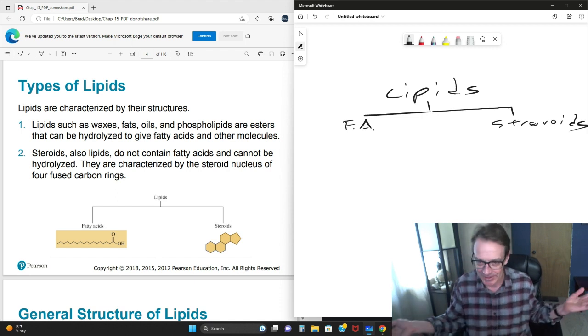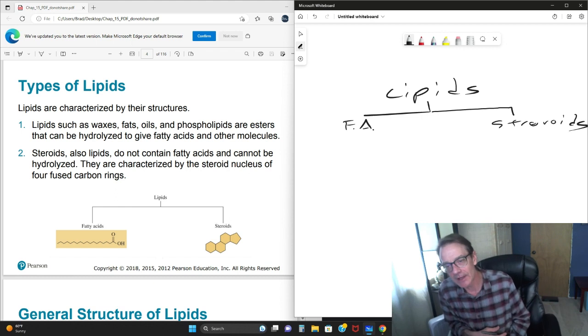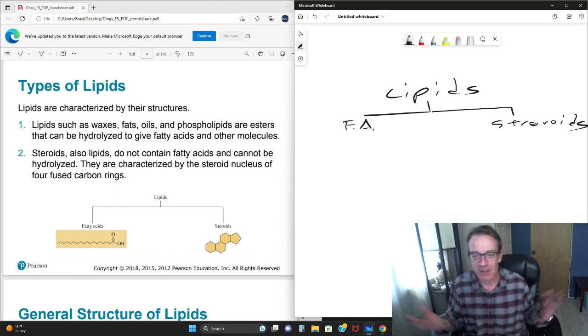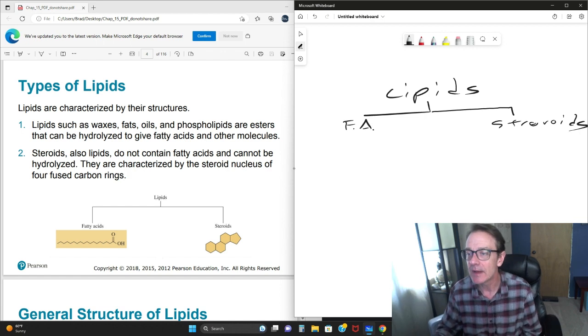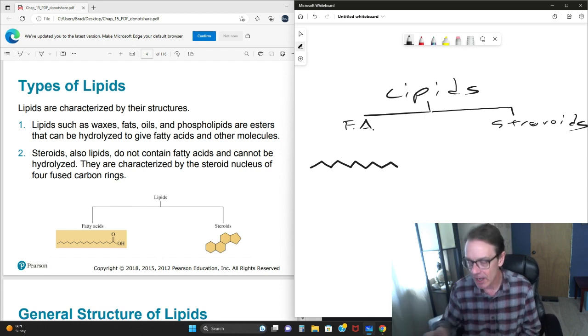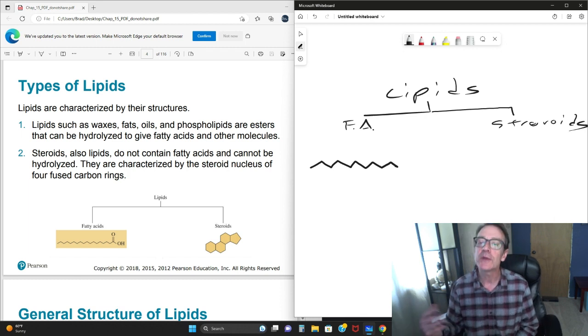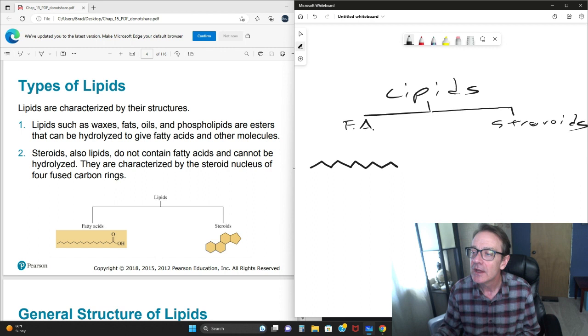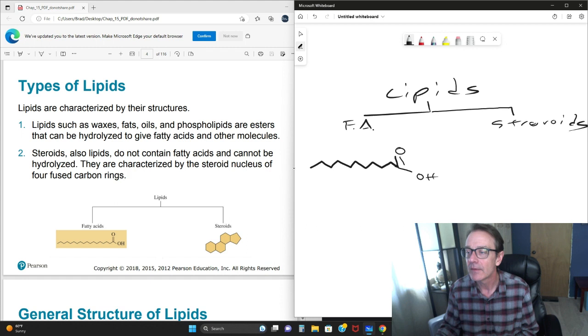It looks like a long fish, with a long tail of carbons attached to a carbonyl group, which we touched on. We saw the ketone and aldehyde as examples of other carbonyls. The one you see a lot in lipids has a double bond on one end to an oxygen and a hydroxyl, and that's called a carboxylic acid.